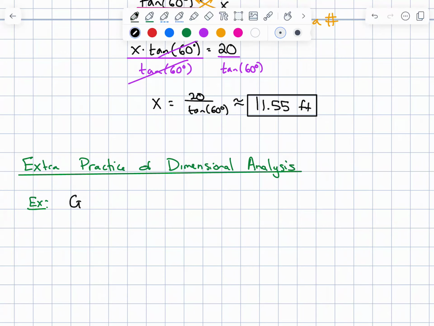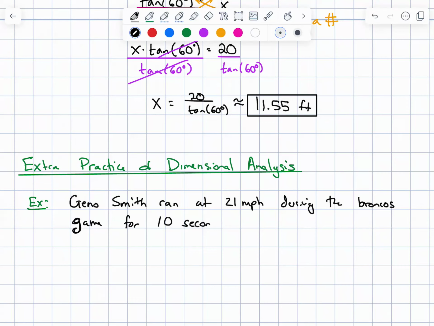So Geno Smith ran at 21 miles per hour during the Broncos game for 10 seconds. How many feet did he travel?